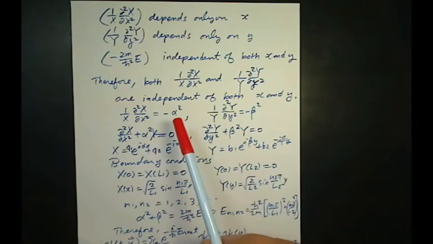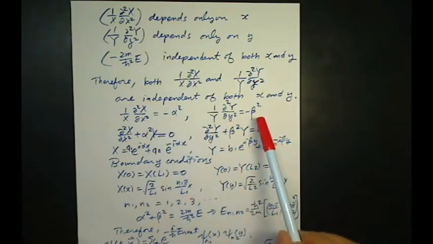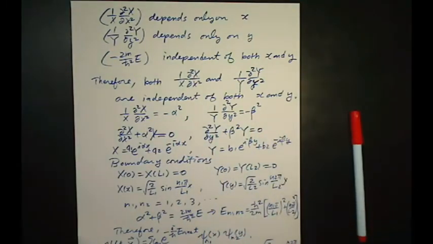Therefore, we introduce different eigenvalues, minus alpha squared and minus beta squared, whose sum is minus 2m over h bar squared times the energy. We end up with second order differential equations for x and y.